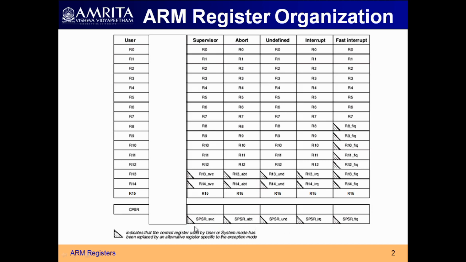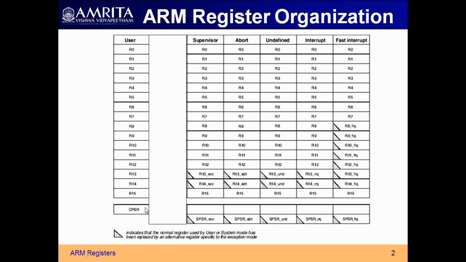That is the advantage of using SPSRs in different modes. Whatever CPSR content is there will be stored onto the SPSR, and whatever modification you are doing in the supervisory mode, only the SPSR content will be modified, the CPSR will be as it is. So let us take that you are in supervisory mode and you are performing some calculation, and say zero is the result. Then the zero bit of SPSR_SVC will be set.